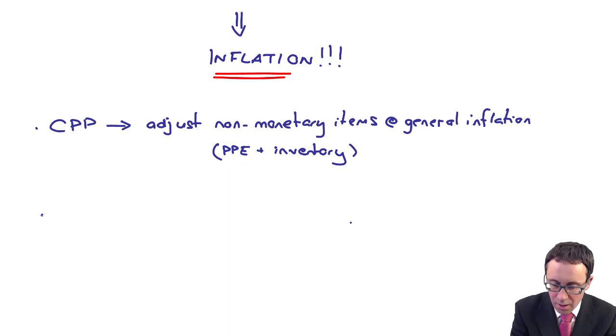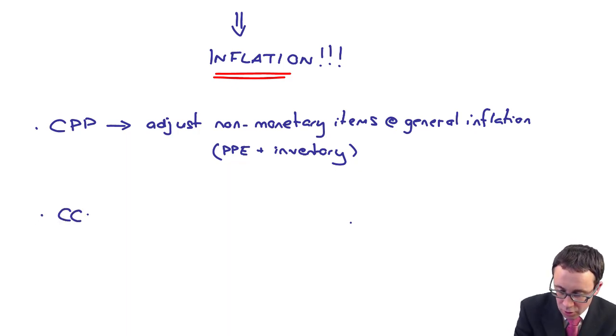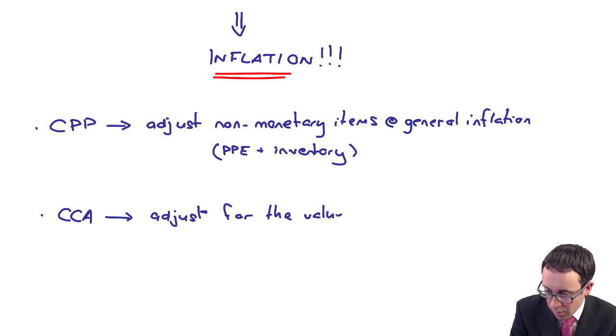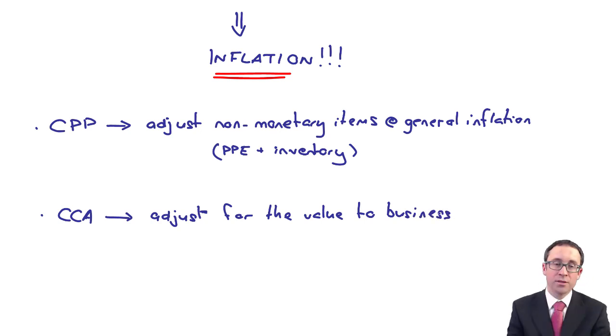Okay. The other way in what you can go through and look at it is to use your current cost accounting. So is it there, your CCA for short, and that is adjusting those assets for the value that it has to the business.